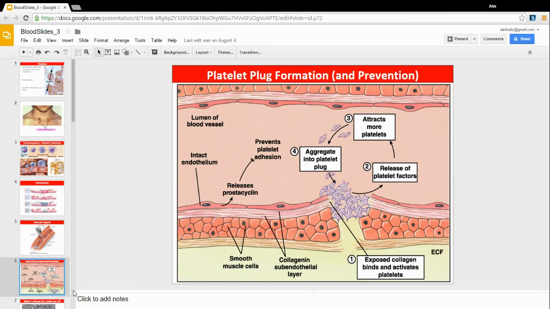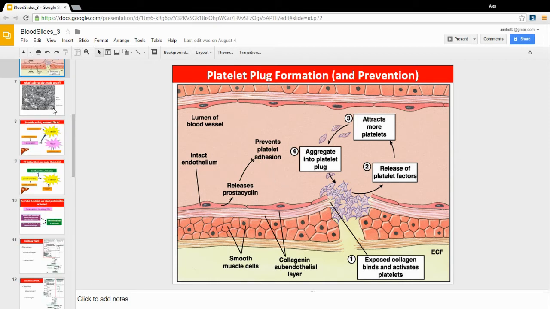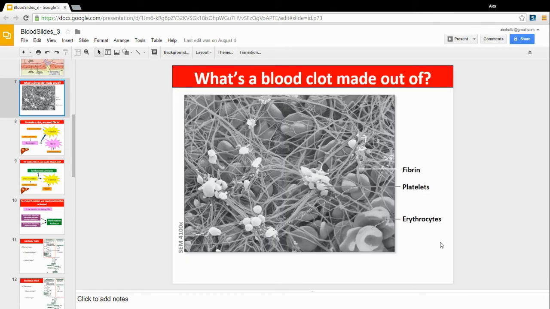Okay, let's keep on going. What do we do next? Well, we got to make a blood clot. And by the way, it's already started its formation. Everything's going on at once. This is a blood clot right here. Look at all those fibers, all those strings. A blood clot is a net.